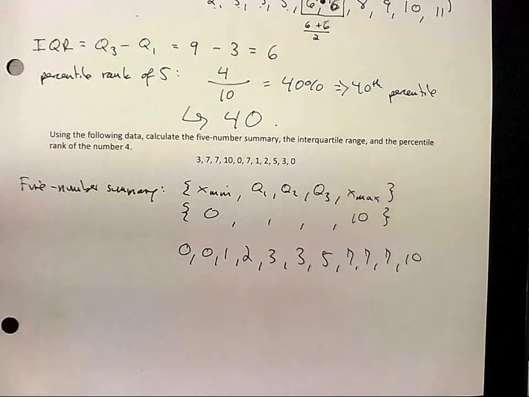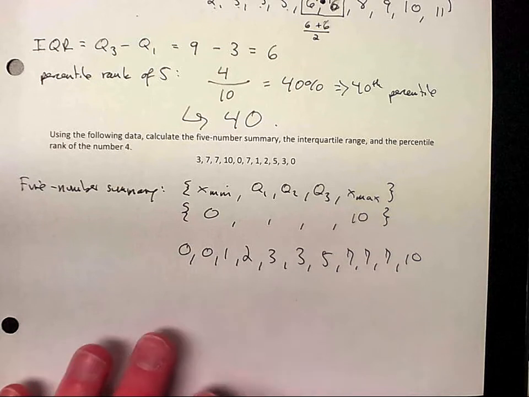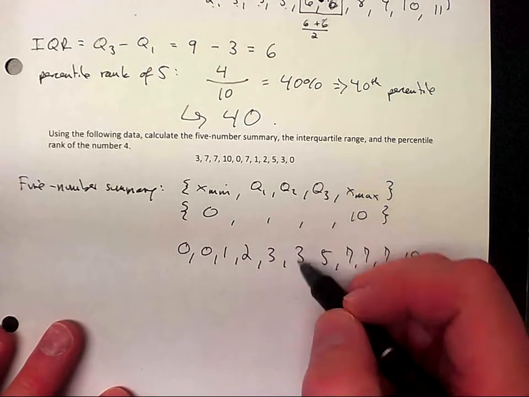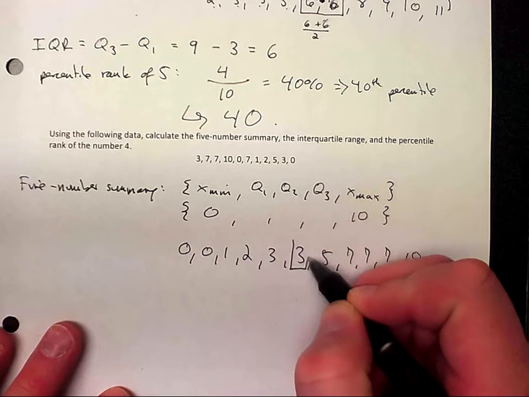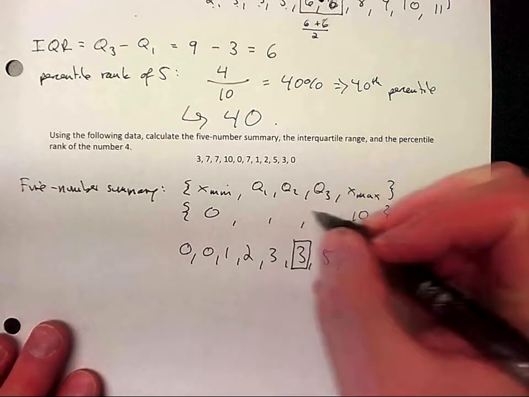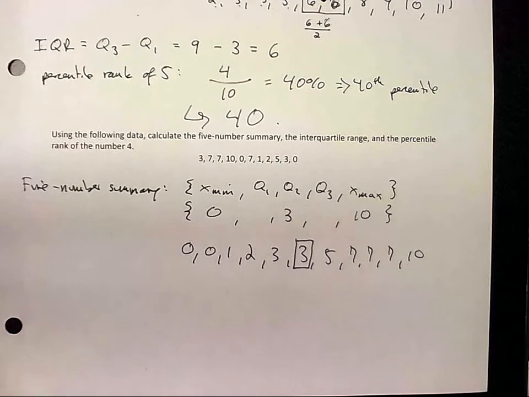Just like before, the first one we find is Q2, the median of the entire data set. We have an odd number of data values, so the middle value is the median, or Q2. So I can put 3 right there.